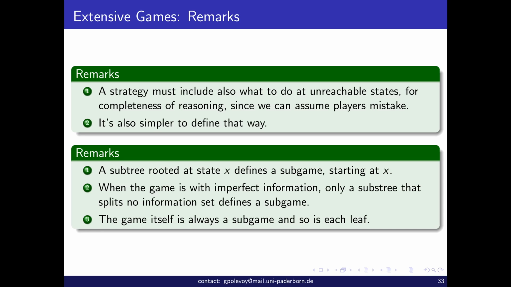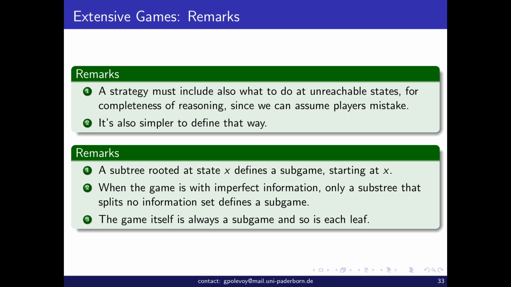Another remark: again, we will need this when we get to extensive games, but now it's just something we need to know, the basic notions. There is a notion of a subtree, of course, and a subtree rooted at a state defines a subgame starting at the state.